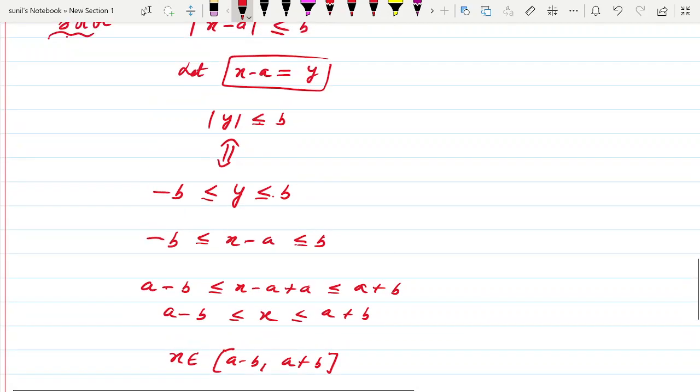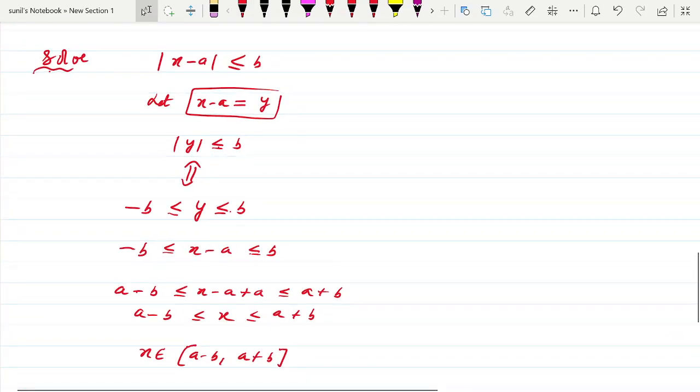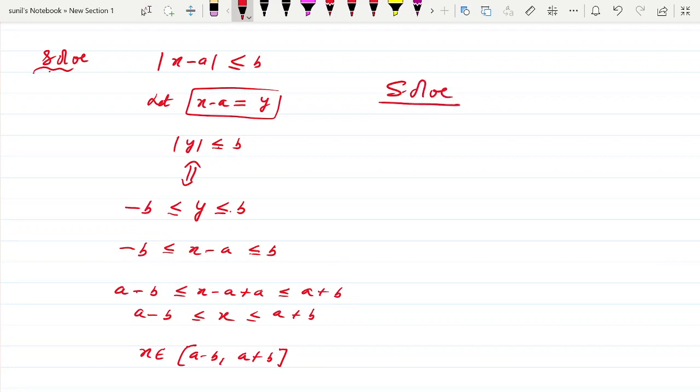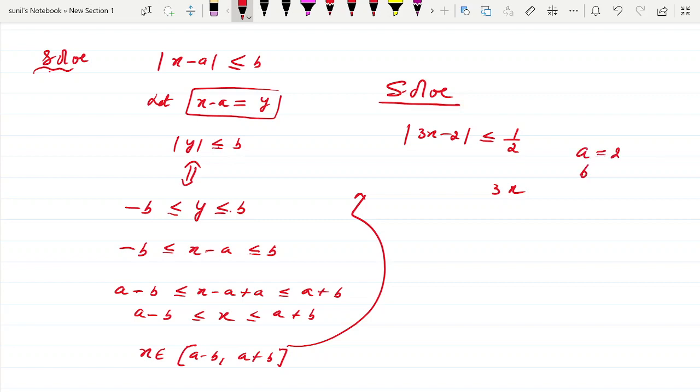Suppose, as a consequence of this result, somebody asks you, solve modulus of 3x minus 2 is less than or equal to half. I can use this result directly here. Now first identify what a and b are. My a is 2 and b is half.